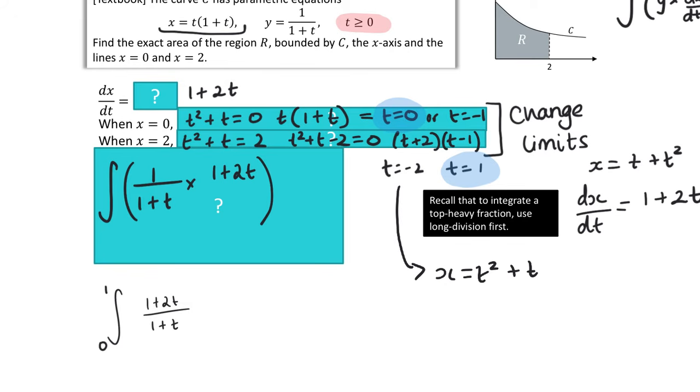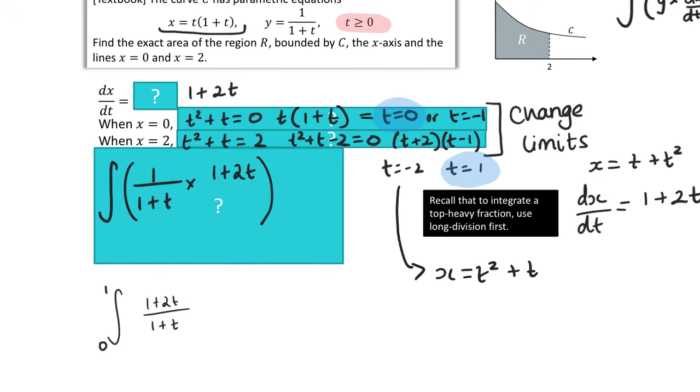Okay then, now what do we do? How are we going to integrate 1 plus 2t over 1 plus t? Some of us are saying learn, some of us are saying other stuff. Easier to differentiate. They use substitution.